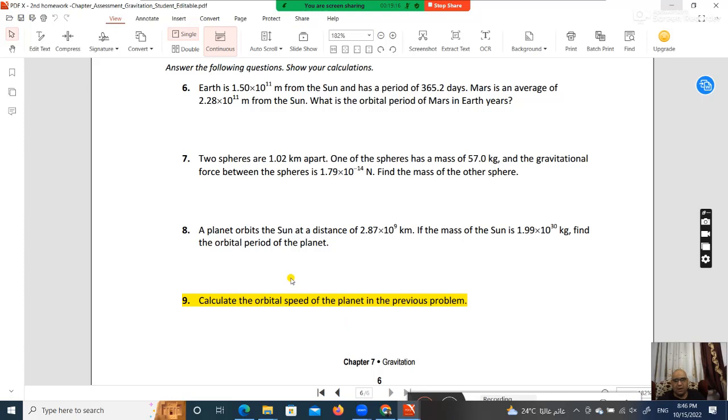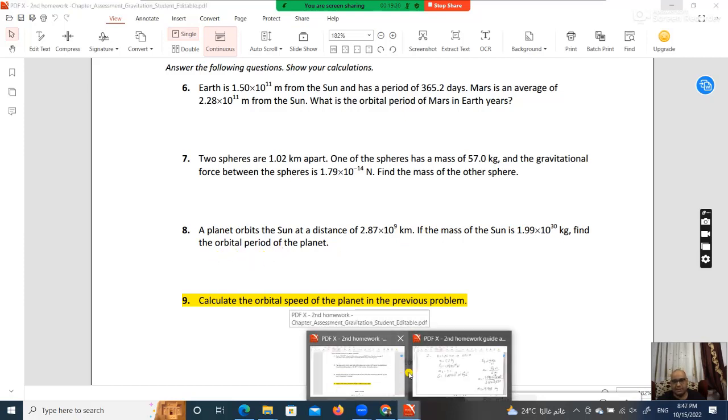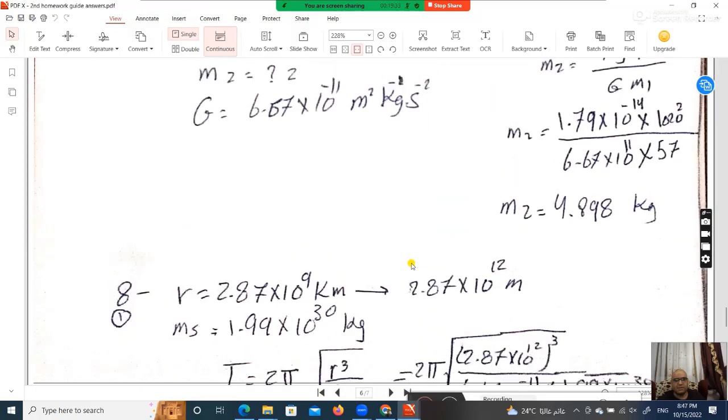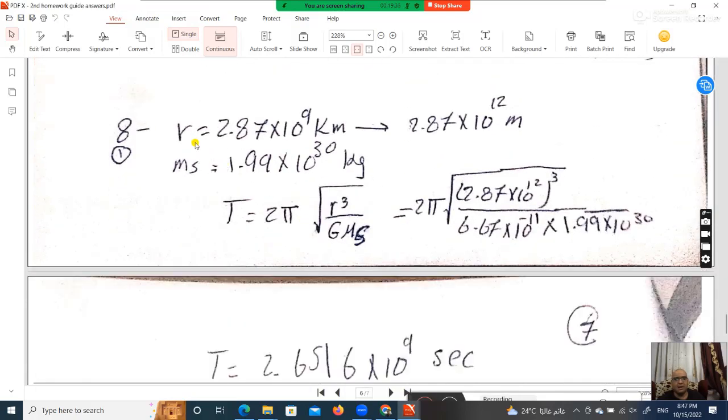Number 8. A planet orbits the Sun at a radius of 2.87 times 10 to the power 9 kilometer. He needs the periodic time of the planet. In this question, you have a given radius, 2.87 times 10 to the power 9 kilometer. You have to change it into meter by multiplying by 1,000, so it will be 2.87 times 10 to the power 12.